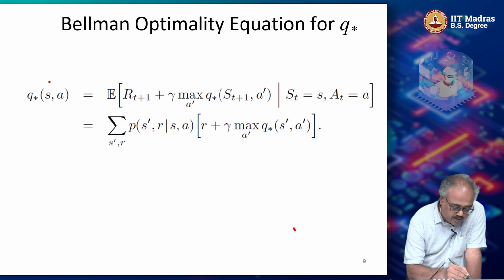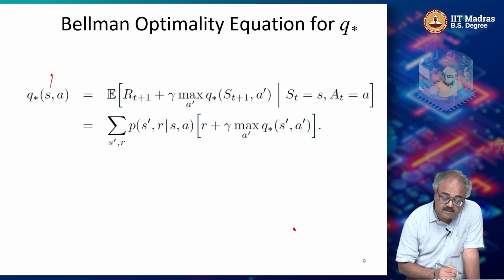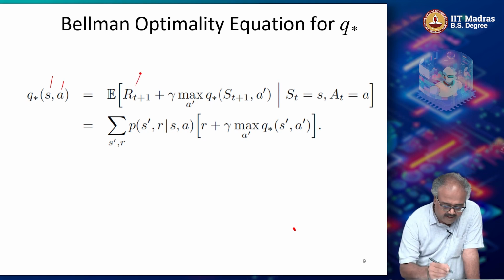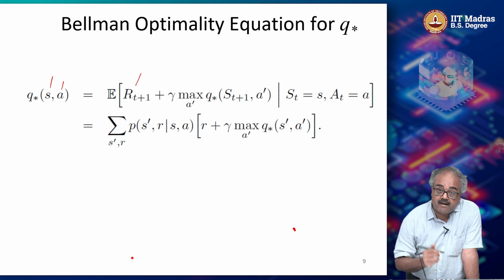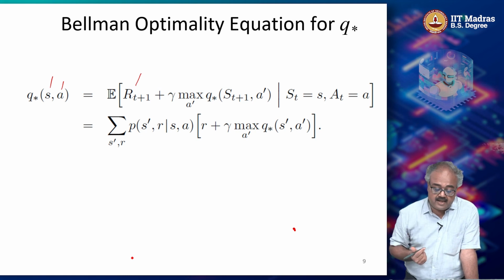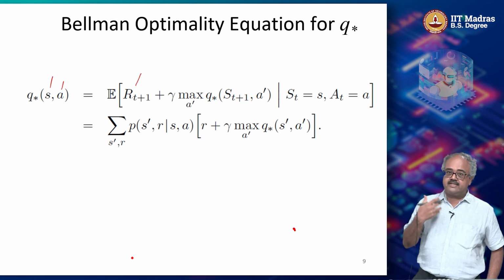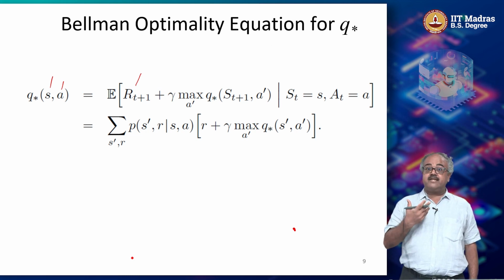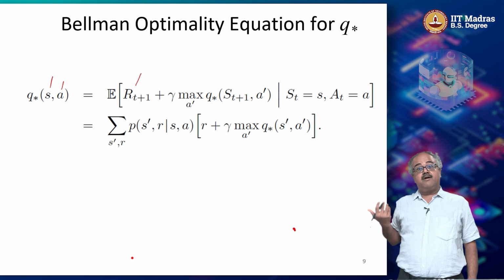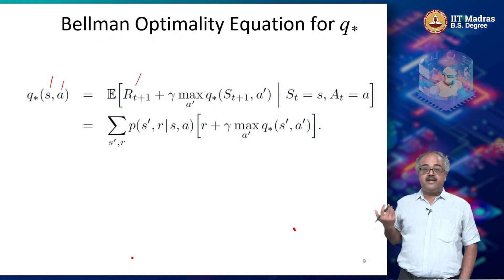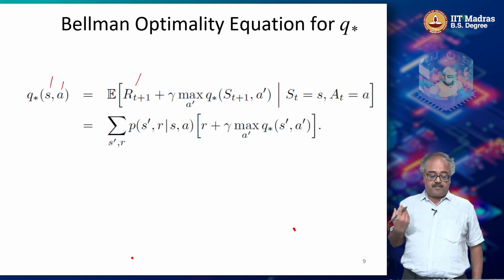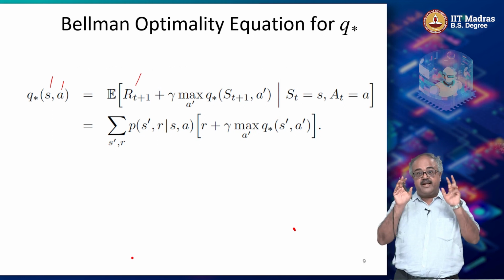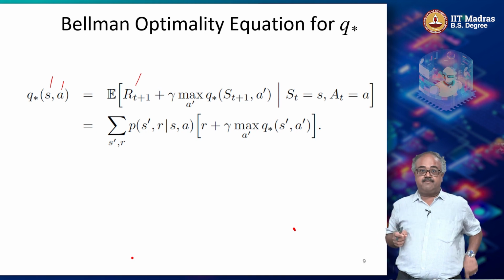You have taken action A when you are in state S, so you are going to get reward RT plus 1, and then you are going to go to state S prime, or ST plus 1. And from ST plus 1 you are going to behave optimally. So what does that mean? From ST plus 1 you should get V star of ST plus 1, right?